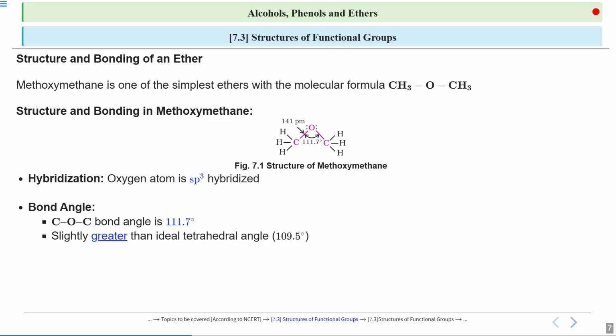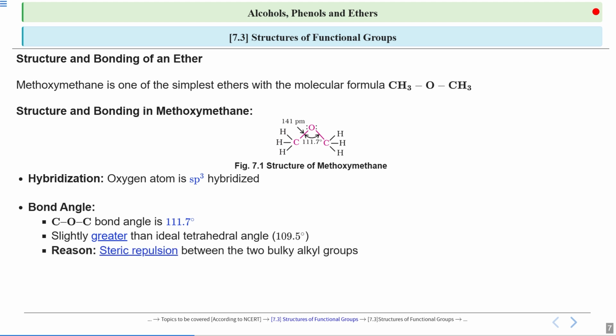So why is the COC bond angle greater, even though the oxygen is sp3 hybridized and arranged in a tetrahedral manner? Still, the bond angle is slightly greater than the ideal tetrahedral angle.